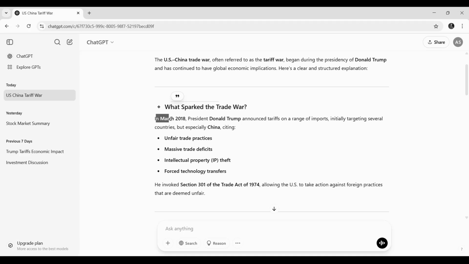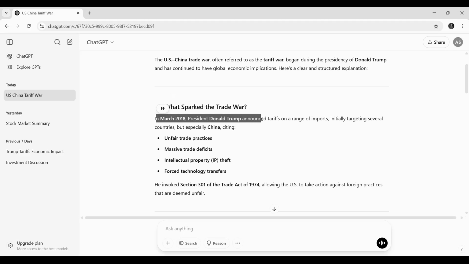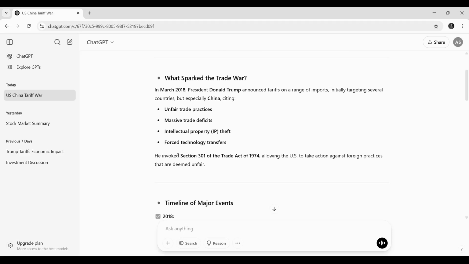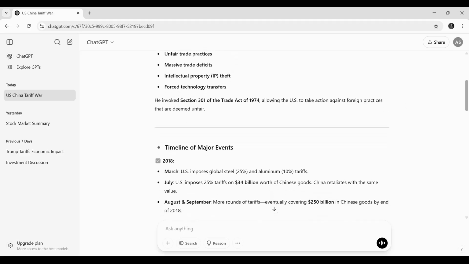This was from March 2018, when President Donald Trump, in his first term, announced tariffs on a range of imports, initially targeting several countries but especially China, citing unfair trade practices, massive trade deficits, intellectual property (IP) theft, and forced technology transfer. He invoked Section 301 of the Trade Act of 1974, allowing the US to take action against foreign practices that are deemed unfair.